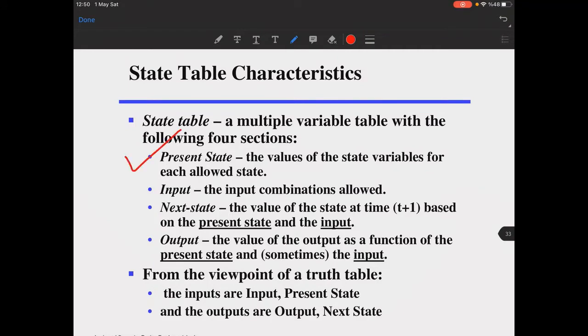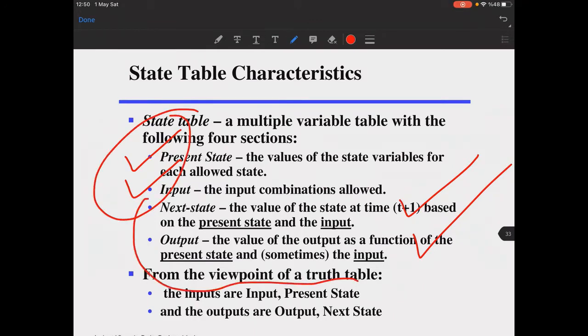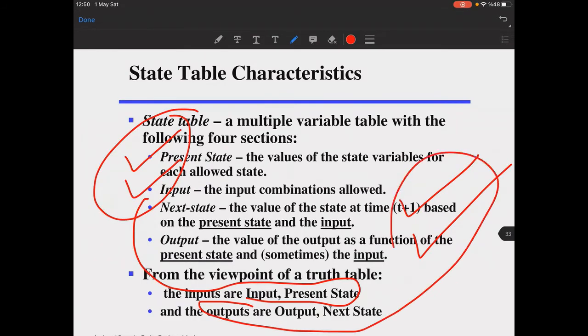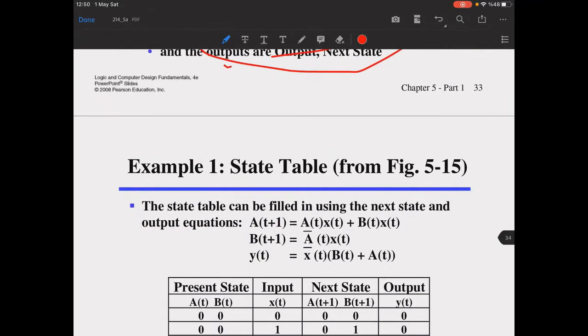You have present state and inputs as the input part, and next state and output as the output part. These are the inputs and these are the outputs, if you look at it as a truth table.